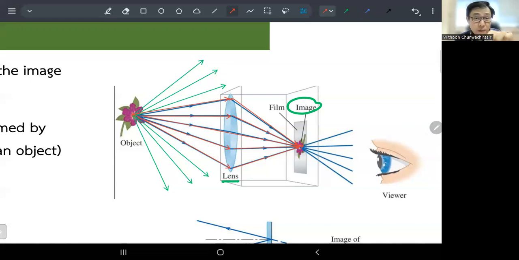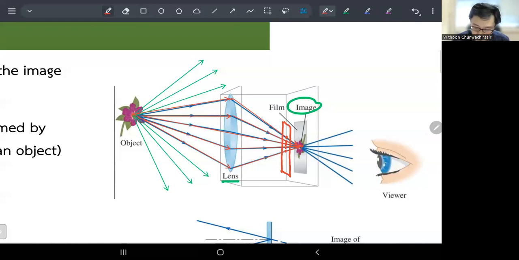That's why we call this spot the image in focus. Does that make sense? Because if you slide this, this could be a screen or whatever, if you move that screen a little bit forward like this, see, the spots on this screen are not exactly at the intersection. So you are going to get a blurred image.